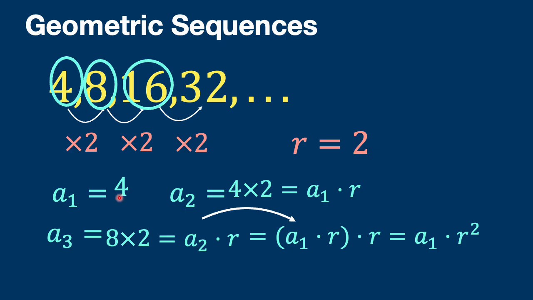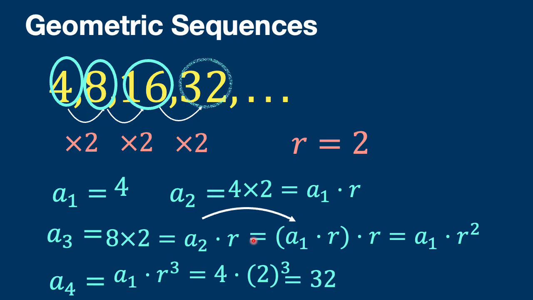Same pattern, guys. A1 is 4. A2 is A1 times R. A3 is A1 times R squared. So A4 is A1 times R cubed. A1 is 4, R is 2. That makes 32, right?